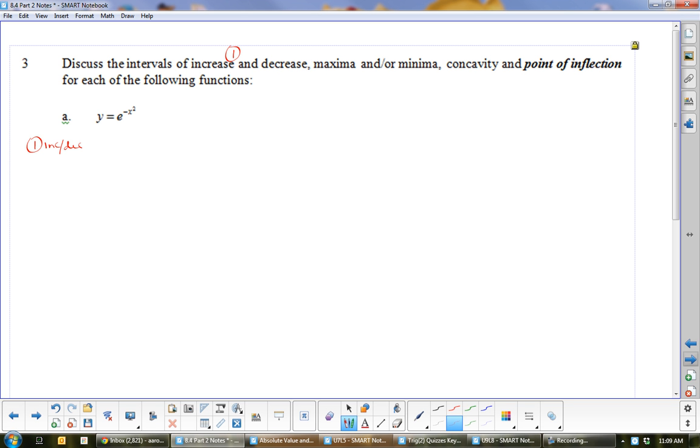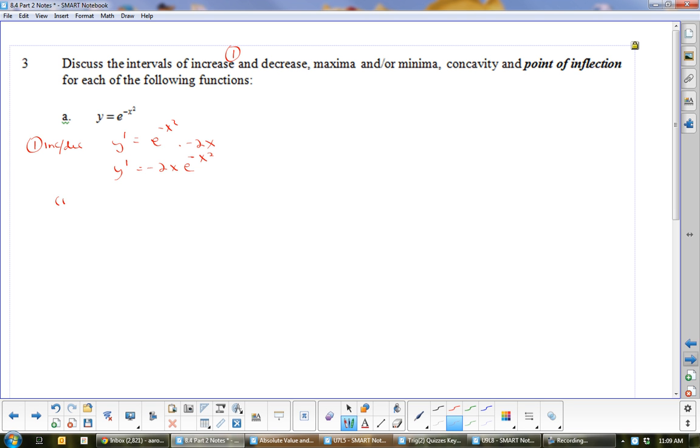So this is going to be y prime equals e to the negative x squared times the derivative of negative x squared. So that is negative 2x. So y prime equals negative 2x e to the negative x squared.